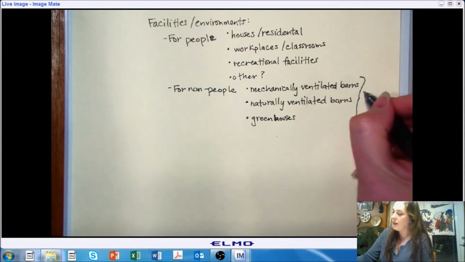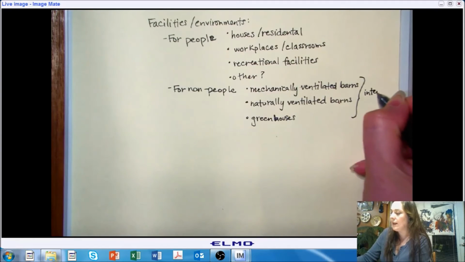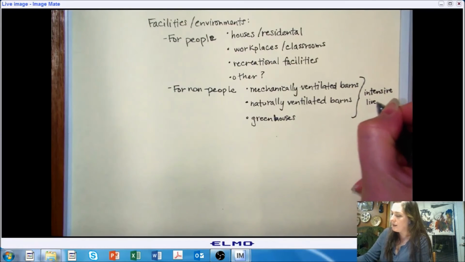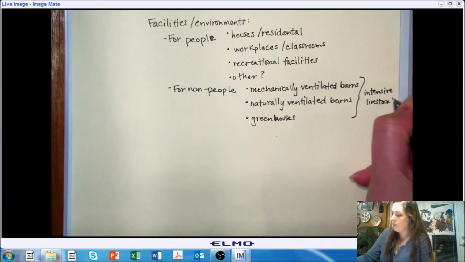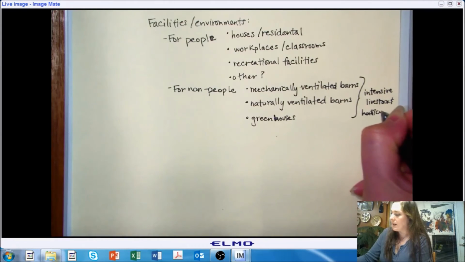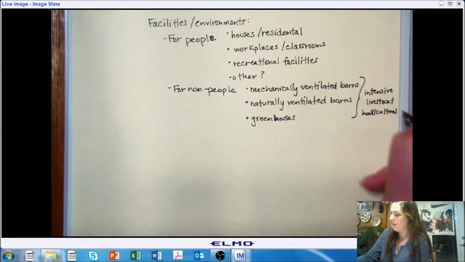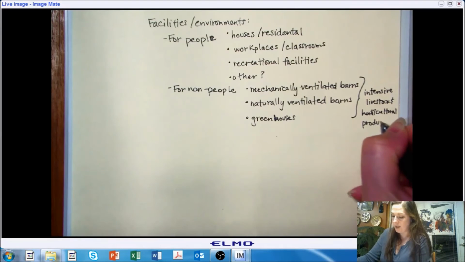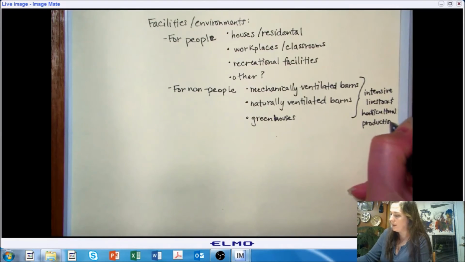And whenever we're talking about these in terms of environmental control, we're more interested whenever this is in intensive production. So intensive livestock or horticultural production. And again, this gets back to the environmental control challenge comes when you begin to have more dense populations of your occupants.